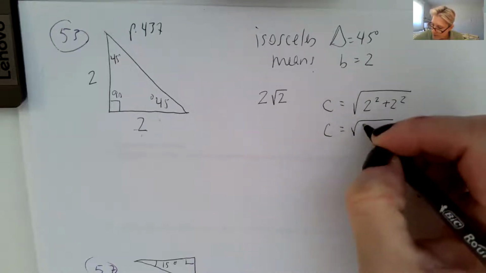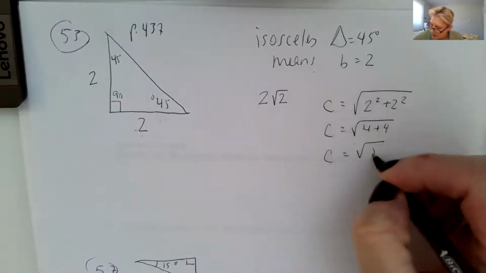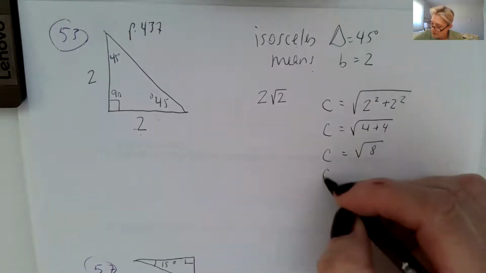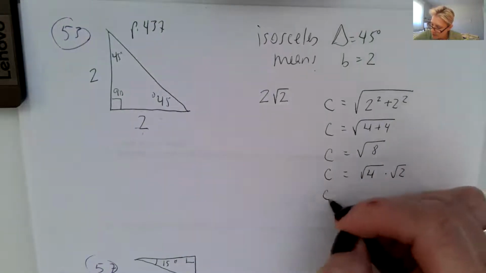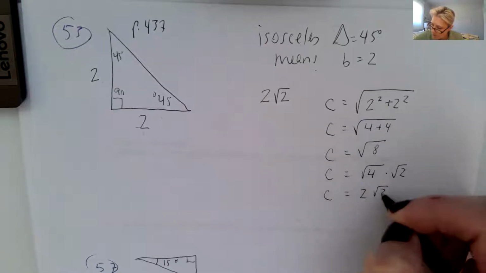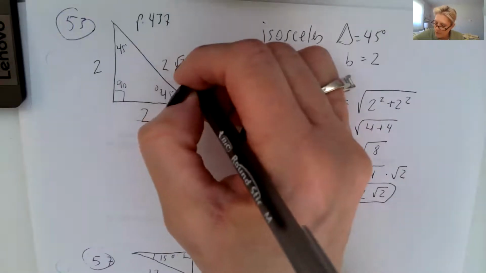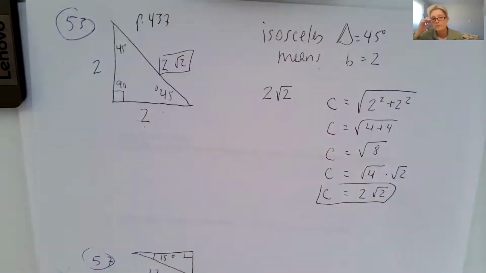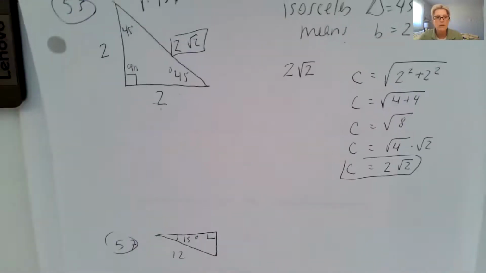So the square root of 4 plus 4, which is the square root of 8, which is the square root of 4 times the square root of 2, which is 2 times the square root of 2. So we know the hypotenuse is 2 times the square root of 2. Okay, so that's one triangle that we should be getting familiar with.